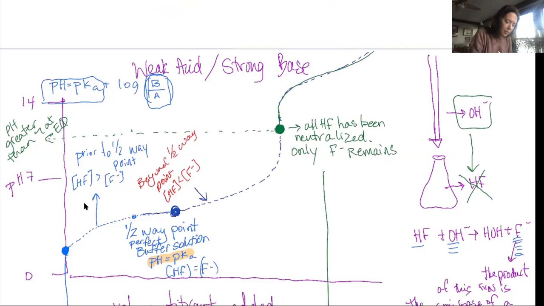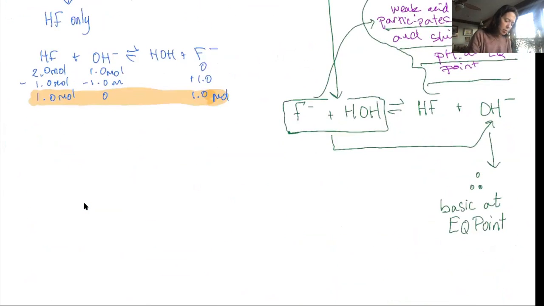But at the equivalence point, where there is assumed to be a perfect equivalence, there's no HF, only F, and then F goes into equilibrium with water. Remember, there's a fight over this. Water's going to win it. The equilibrium will lie to the left, but there will be a slight increase of hydroxide ions, causing that pH to increase at the equivalence point.